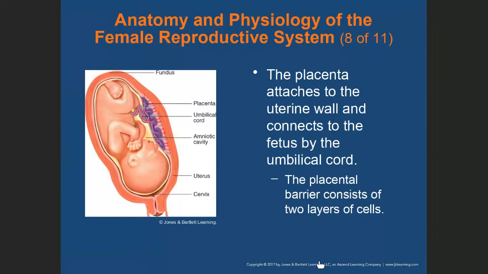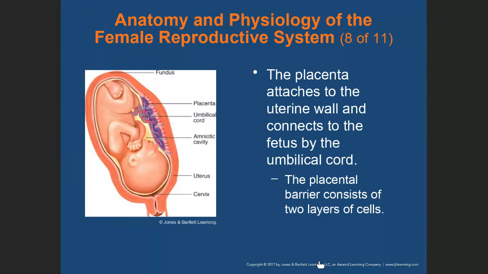So it acts as the liver for the fetus. It produces antibodies. It acts as the fetal lungs. It transfers nutrients and removes waste. And as I say, it's the lifeline.